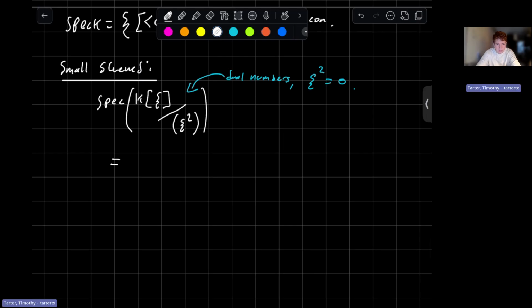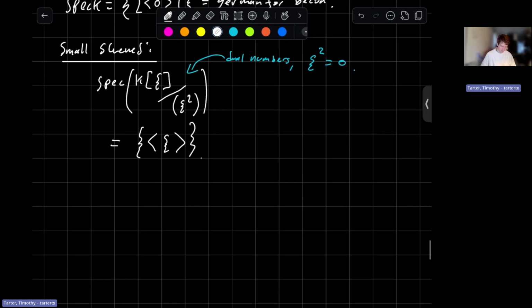So every prime ideal of the dual numbers must contain the ideal generated by epsilon. And so this is, I think, just equal to the ideal generated by epsilon.